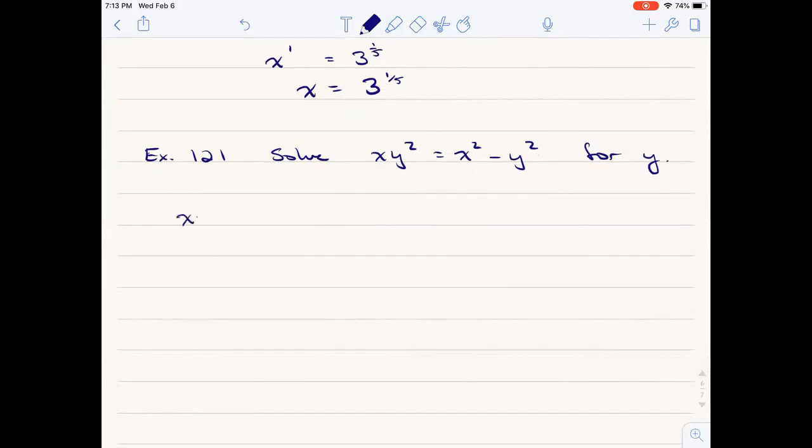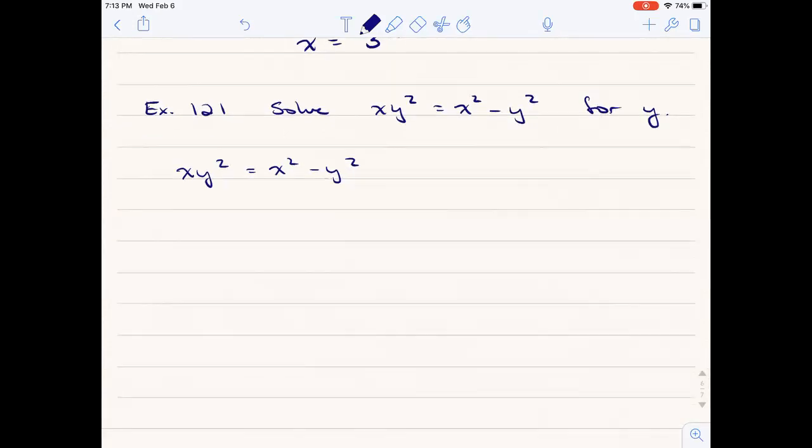So we've got x times y squared is x squared minus y squared. So we're going to solve for y, which means we have to move all the y's to one side and everything else to the other side. And so we'll start this migration here.